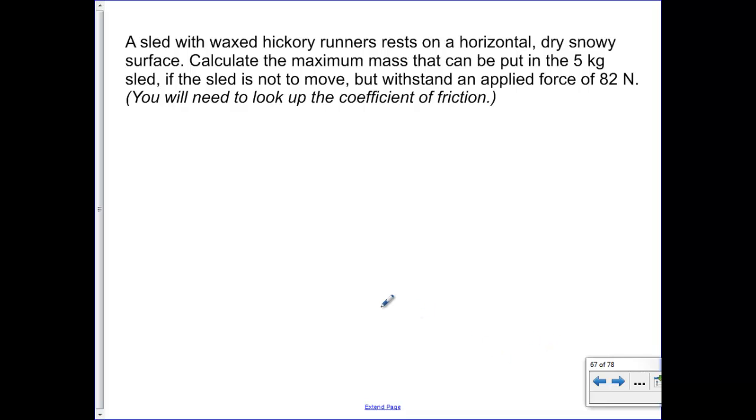Okay, so here's an example. You are on a sled with waxed hickory runners resting on a horizontal, dry, snowy surface. Could we look up the coefficient of friction if I don't give it to you? Waxed hickory runners resting on dry snow.